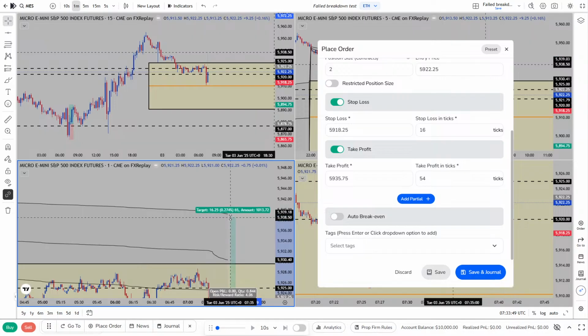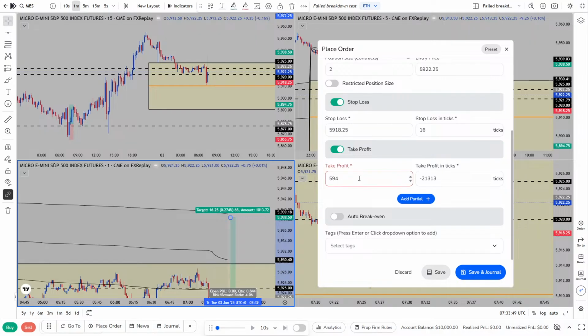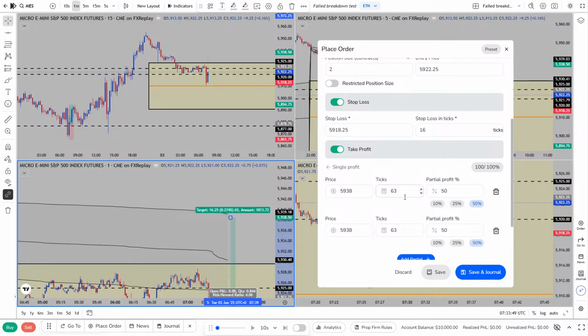Let's see, about here. 59.38. Yeah, 59.40. So for 59.40s. No, 59.38. And I'm gonna take a partial, 50%, yes, at 59.29.